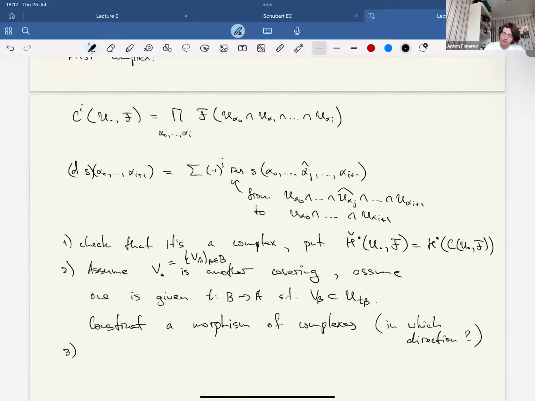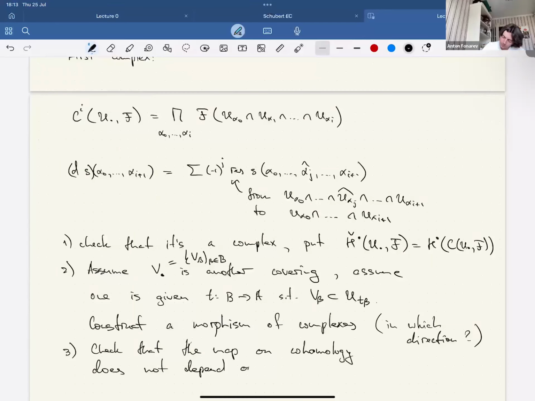Third, which is quite a surprising thing, is to check that the map on cohomology does not depend on τ.